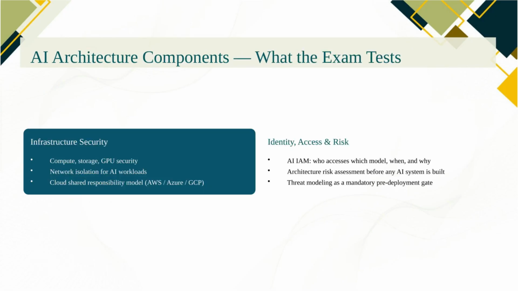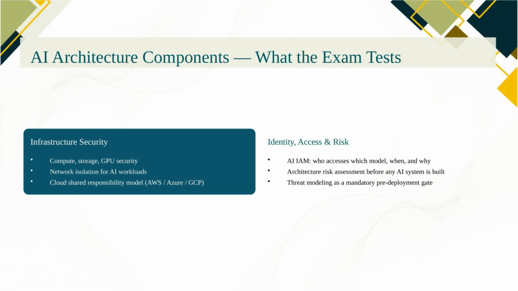What does the exam actually test within AI security architecture? Infrastructure security. How do you secure the compute, storage, and GPU environments where AI models train and run? Identity and access management. Who can access which model, from where, and under what conditions? Cloud-native AI security.